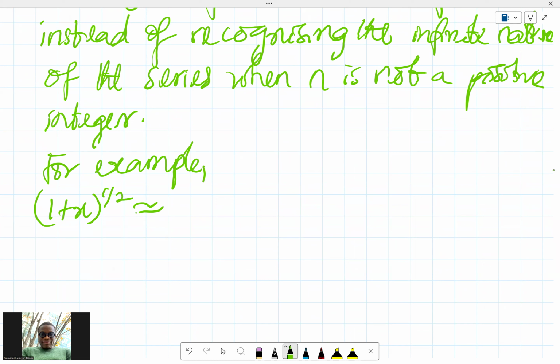For instance, if you need the first 3 terms, whatever number of terms you have, it is all just an approximation, because you cannot have all the possible terms as long as the power is not a positive integer.